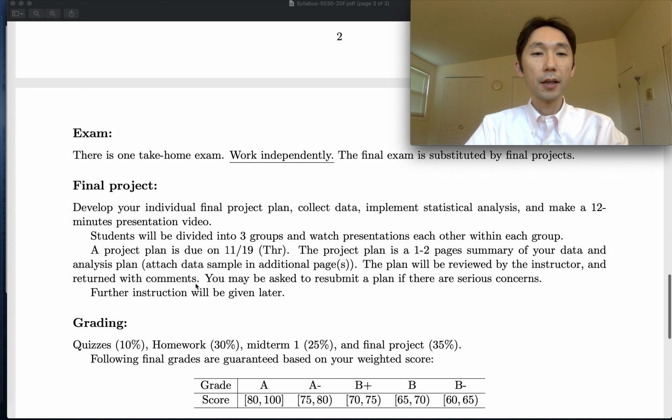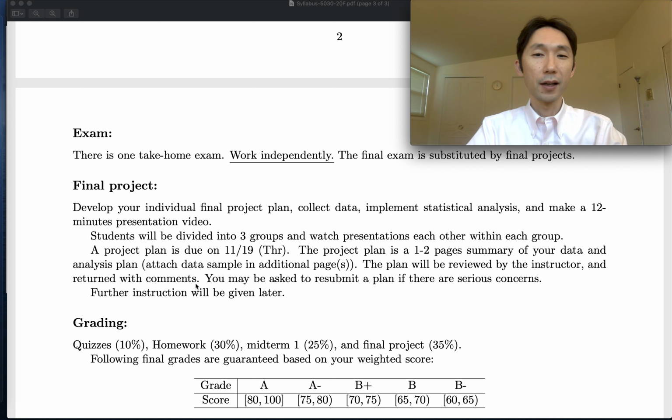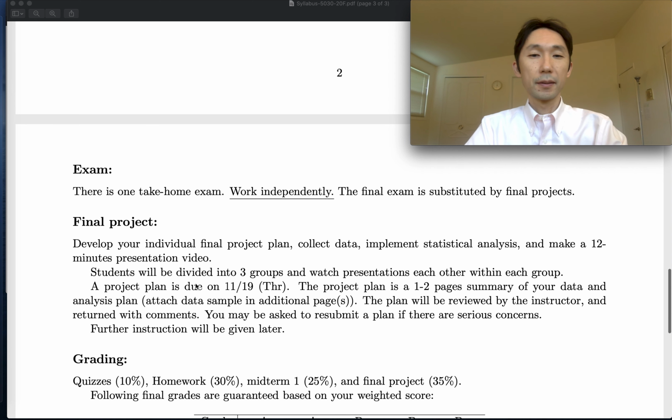The final project is an individual project. I ask you to develop your individual final project plan. For example, you want to analyze the data on the COVID-19, maybe nationwide data or something like that.